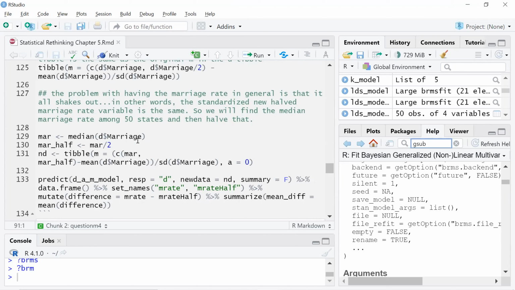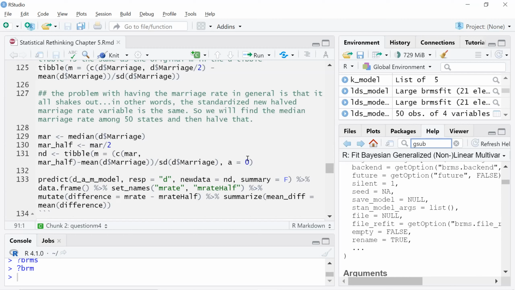So what you do is, I have just defined here median marriage age, and then I divide this by half. So we're trying to understand what happens. So then I create M as this vector of median marriage rate, and then the halved.